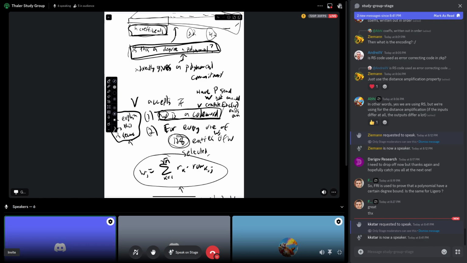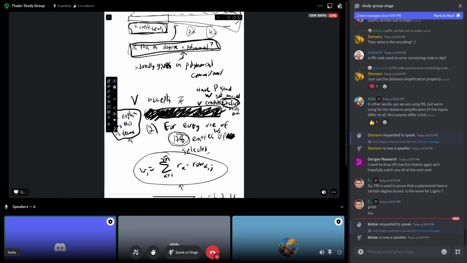Then the verifier knows for sure that this thing is a code word, because it did the encoding itself. So now there's nothing to check, and there really is no gap.